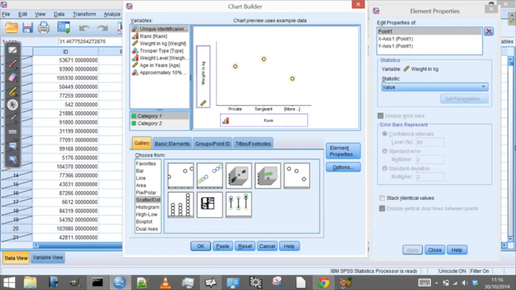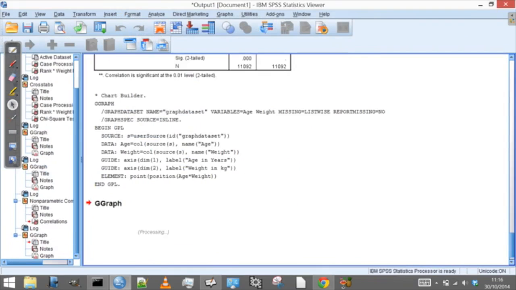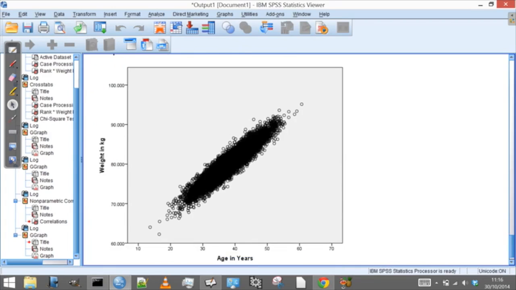It's not the only way to do it, but it's a pretty good way because, you'll see, hopefully. In here I've currently got rank, but I don't want rank now. I'm comparing age. So there we go. We have age on the x-axis and weight on the y-axis. Once you've done that, you can press OK, and you'll see something looking like that.